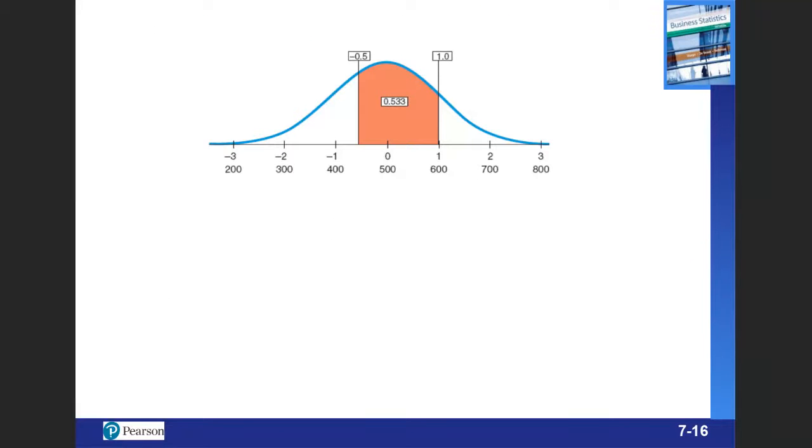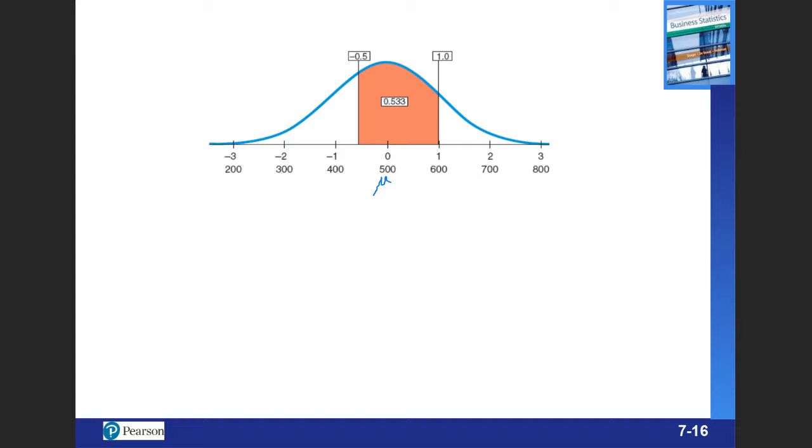So here we've drawn the graph, bell-shaped, symmetric. In the center I'll write the mean of 500, and then plus 1 standard deviation, which is plus 100, so that's 600, 700, 800, and the same thing on the left.